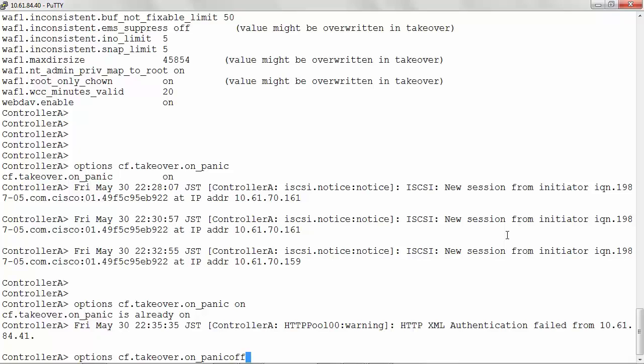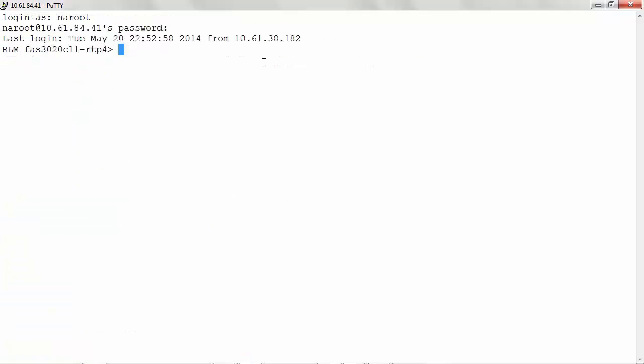Next step is to generate an NMI. If the filer is equipped with a service processor, RLM, or BMC, just enter the command system core at the SP, RLM, or BMC shell.